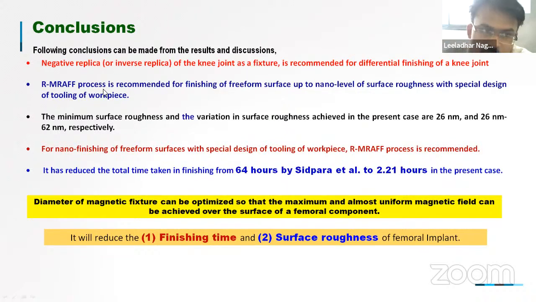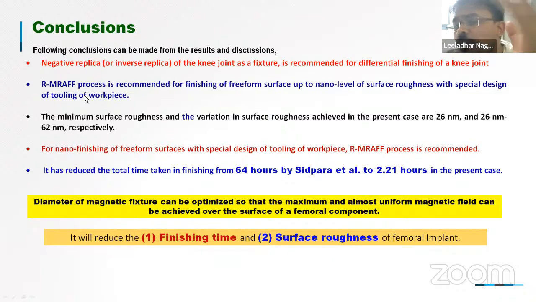This R-MRAFF process, rotational magneto-rheological abrasive flow finishing process, is recommended for finishing freeform surfaces up to nano level of surface roughness with a special design of the tooling of the workpiece.